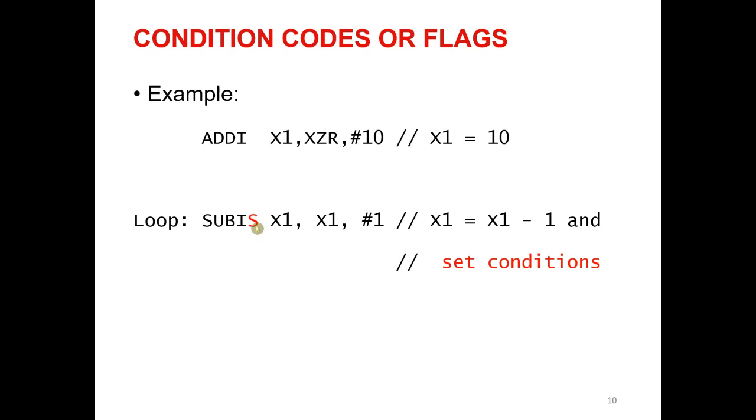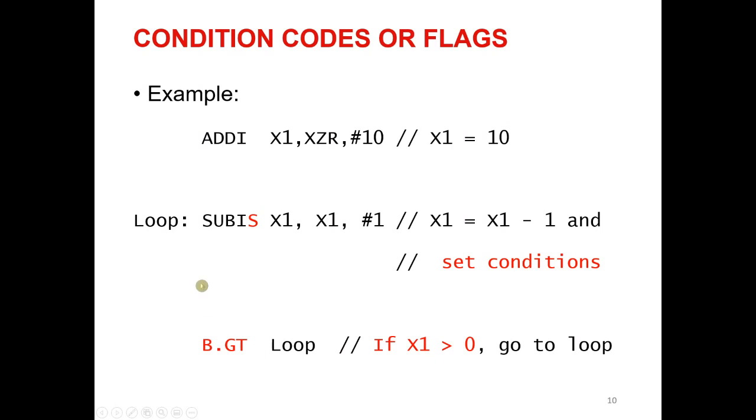What this instruction is doing, apart from subtracting 1 from register 1, is also setting the flags. This means that I can use those instructions we have just seen. So I can branch to loop again and make this loop if, for instance, register 1 is greater than 0.